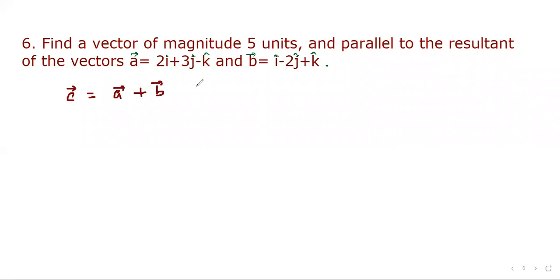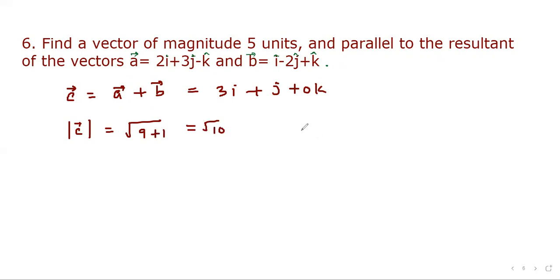So vector A plus vector B. So it will become 3i plus j plus 0k. Now, if we find its magnitude, the magnitude of vector C will be equal to 9 plus 1, that is root 10.